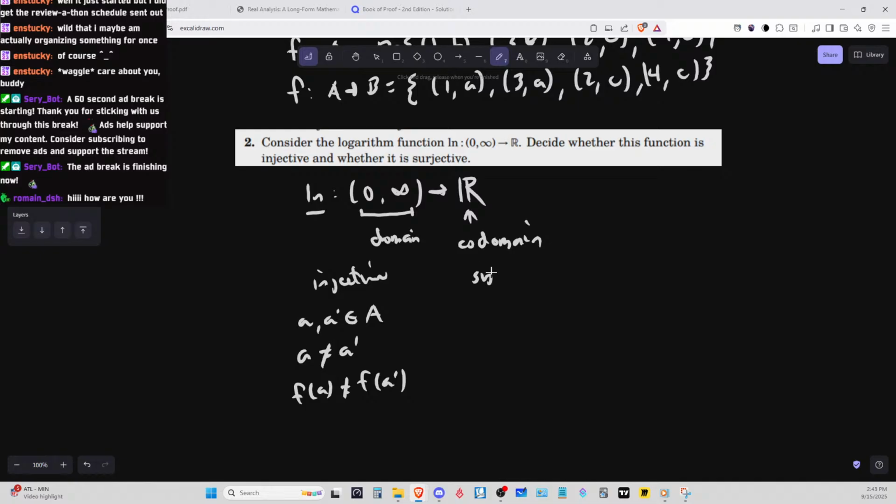And for it to be surjective, we have to know that for all B, there exists an A in A such that f of A is equal to B.